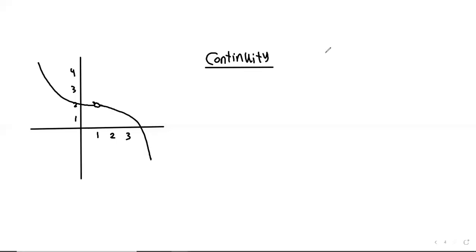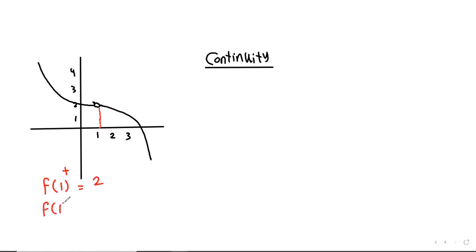Now let's go to continuity. And before studying continuity, I want to show you this graph here. What is the f of 1 from the right? The limit of the function from the right: go up here from the right, more than 1 by a little bit, it's 2.